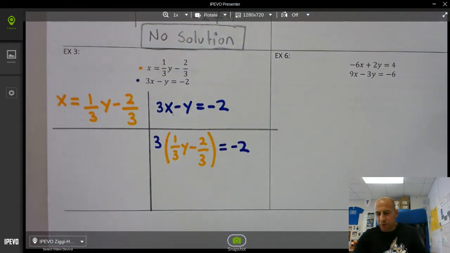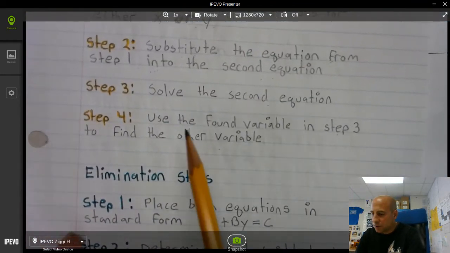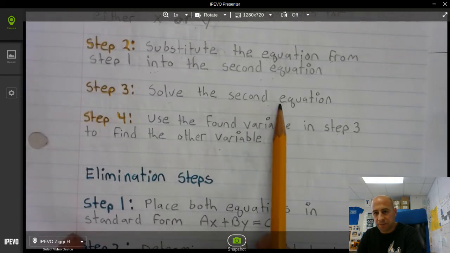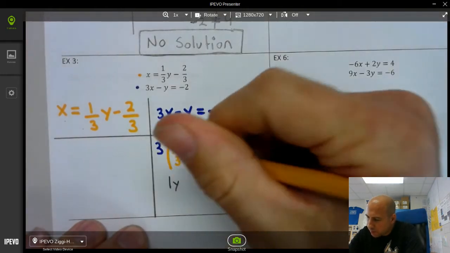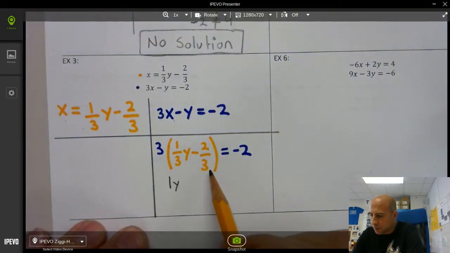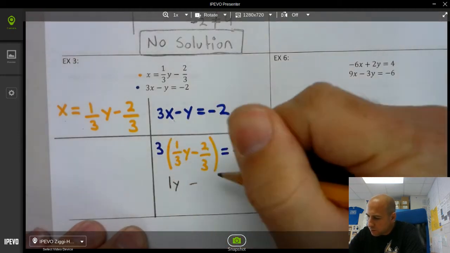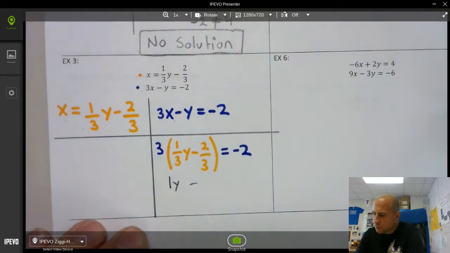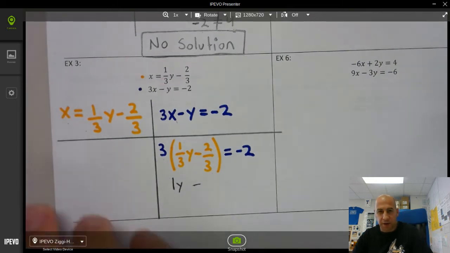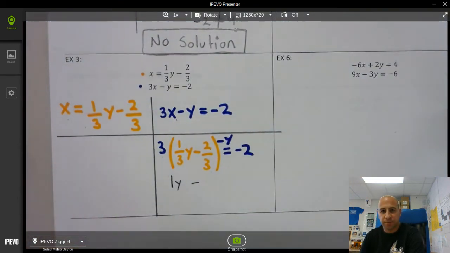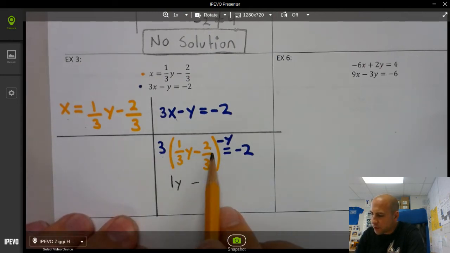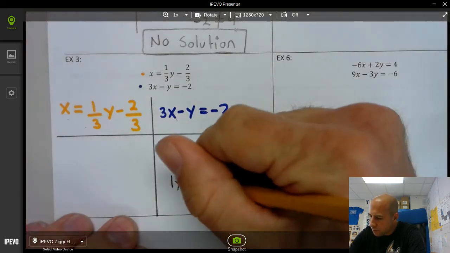Okay, so now we're into step 3. Solve the second equation. Okay, so let's solve this for y. So 3 times 1/3 is 1y. 3 times negative 2 is negative 6 divided by 3 is negative 2. Wait a second. There's a mistake here. This should be minus y equals. Almost made a mistake. All right. So that's 3 times negative 2 is negative 6 divided by 3 is negative 2.